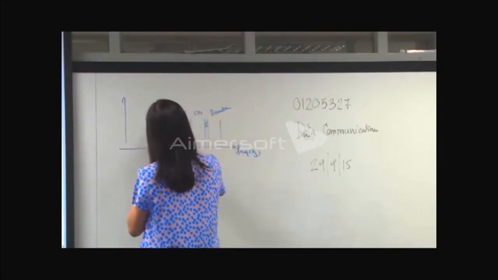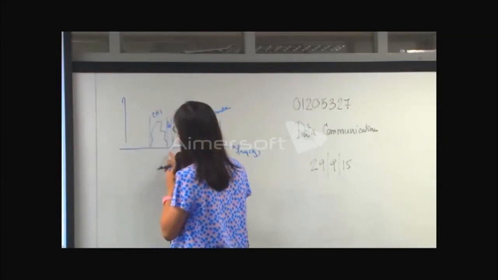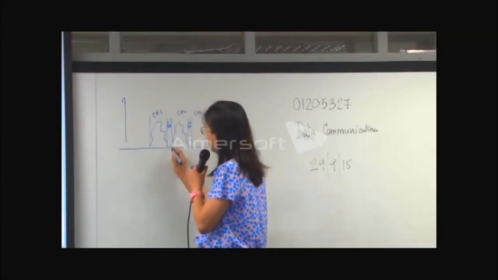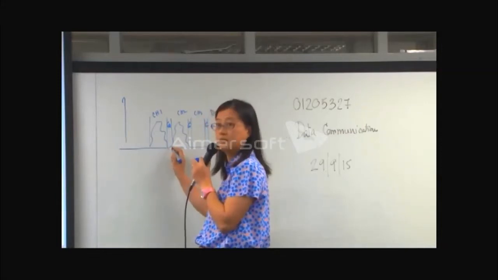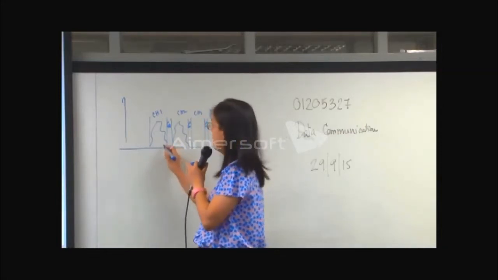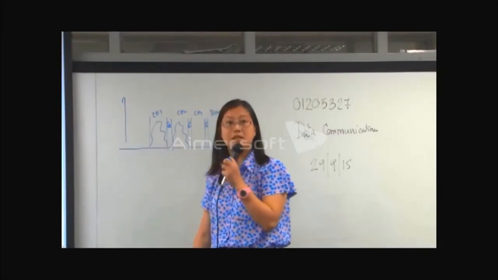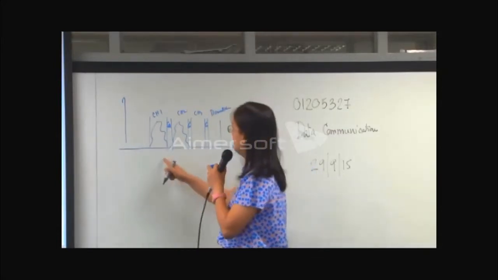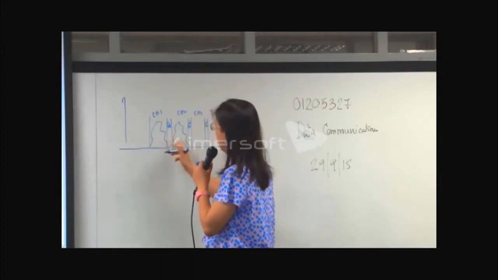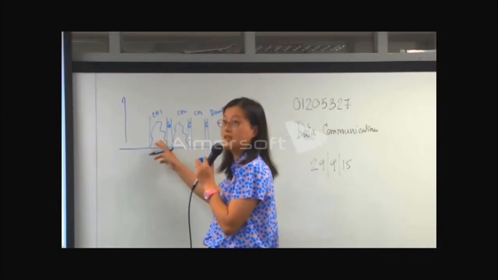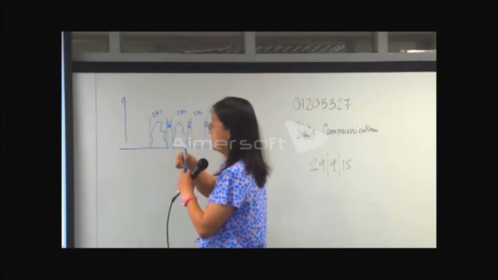If you send a spectrum and you don't have a guard band, if the guard band is 0, it is possible that there's some spillage from this channel to this channel. It will become interference between two channels. But if you have a guard band, the spectrum will not interfere with the other channel. So that's why we have the guard band here.